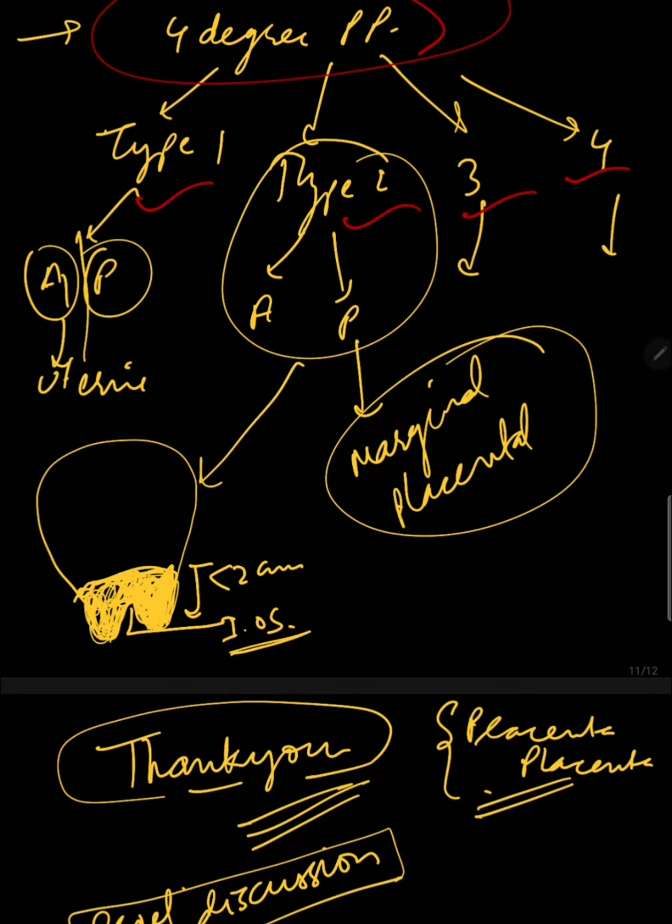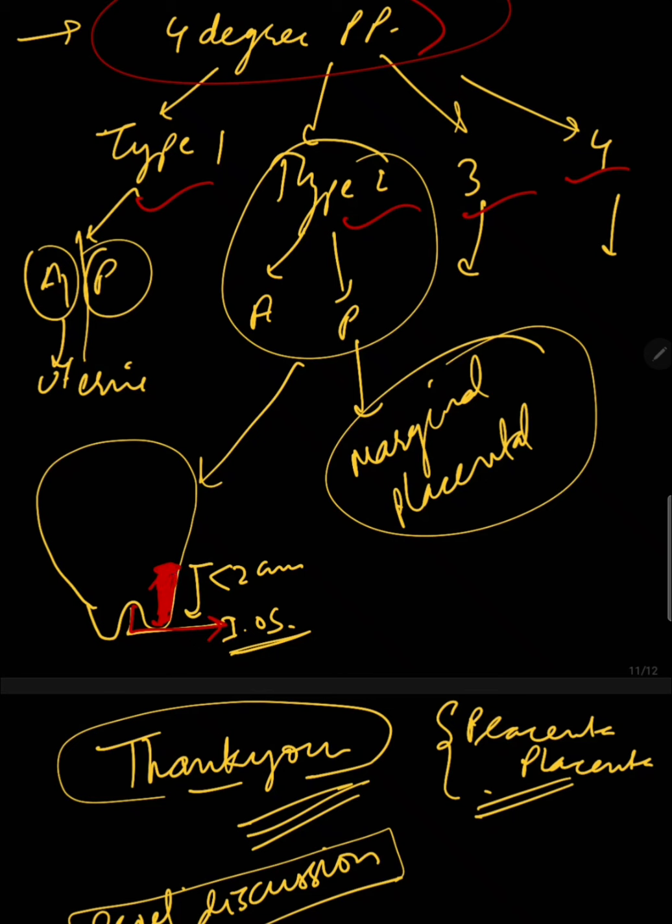So what happens is, if the placenta is lying here, less than 2 centimeters from the internal os, this is the internal os, we'll say that this is type 1, anterior or posterior depending upon the wall. But if it is lying here at the margin of the internal os, then we'll say it is type 2.